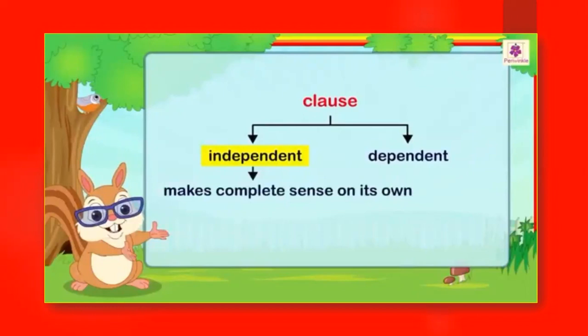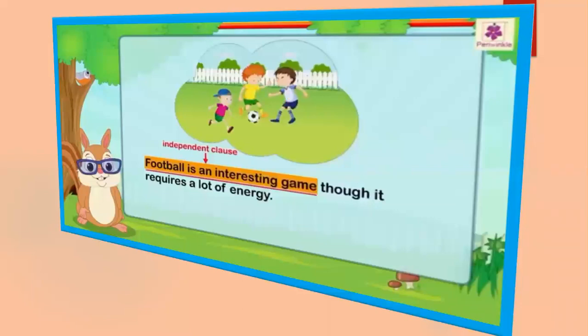Independent clause means which makes complete sense on its own. You can see one example of an independent clause. Football is an interesting game, though it requires a lot of energy. So football is an interesting game. This is an independent clause, which means it doesn't need help of any other subject or verb.